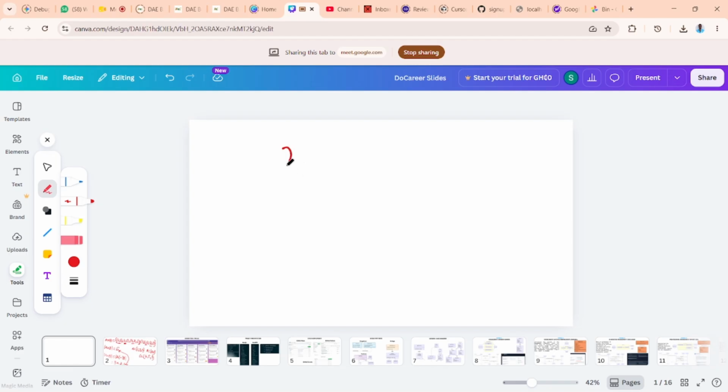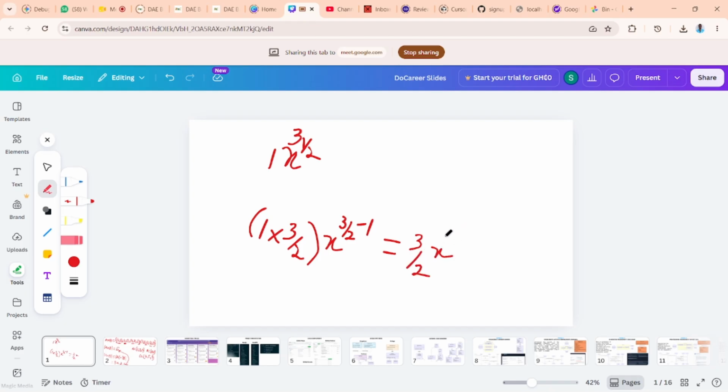It can be something like x to the power half, or x to the power 3 over 2. So let's start with x to the power 3 over 2. If you want to differentiate this, here is 1, so it's going to be 1 times 3 over 2, x to the power 3 over 2 minus 1. And that will give us 3 over 2 x to the power 1 over 2.